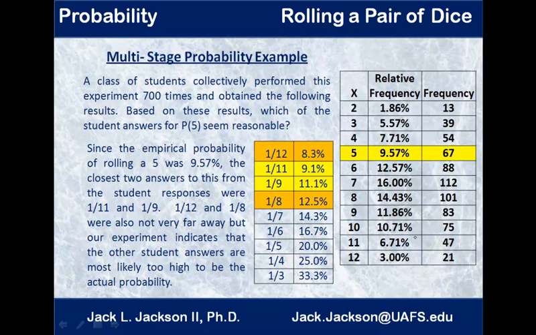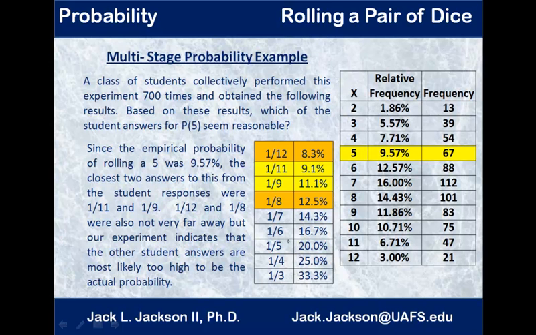So if we look here, these are the examples of the possible answers the students came up with, and of the ones that are closest to this 5.957% would be the 1/11th and 1/9. Those seem to be pretty close, so those could be possibilities. Maybe even the 1/12th or the 1/8th, but there's no way these are just getting too big.